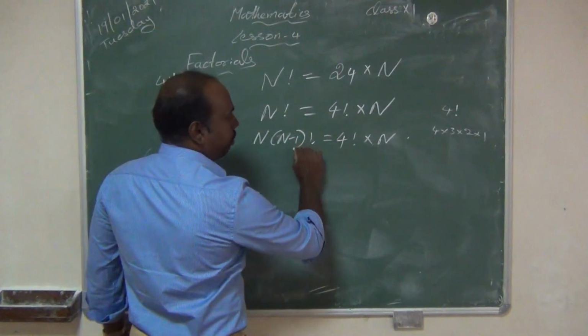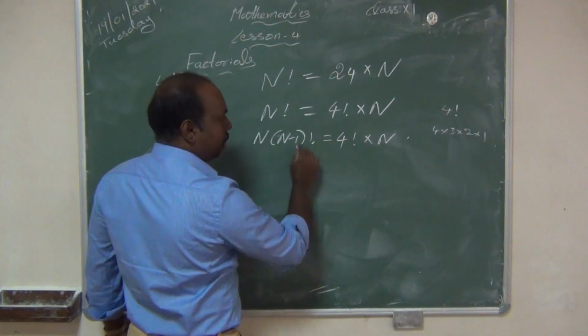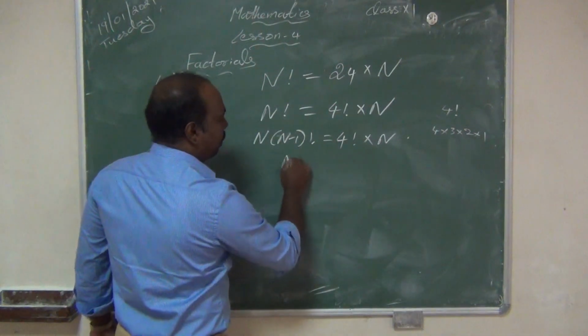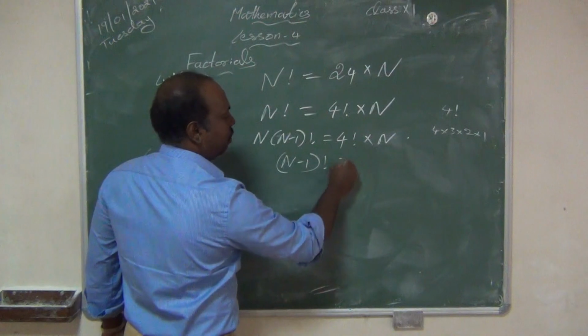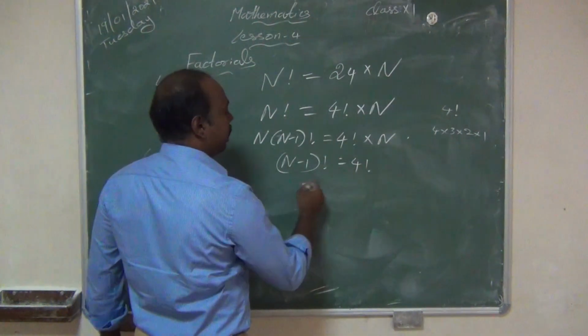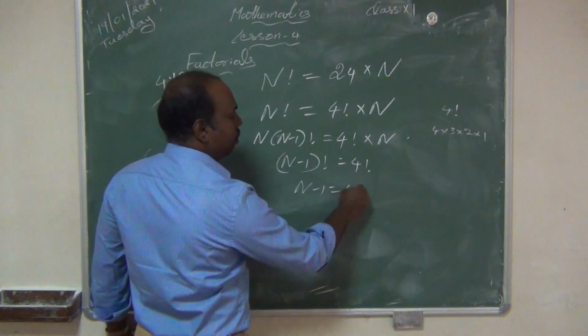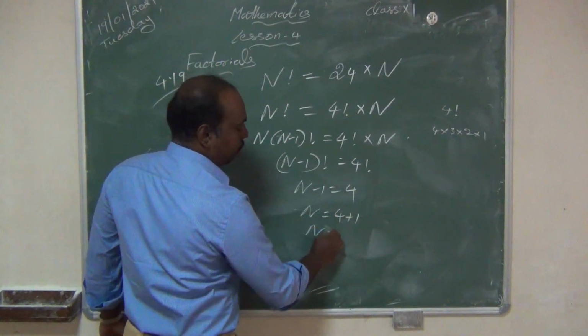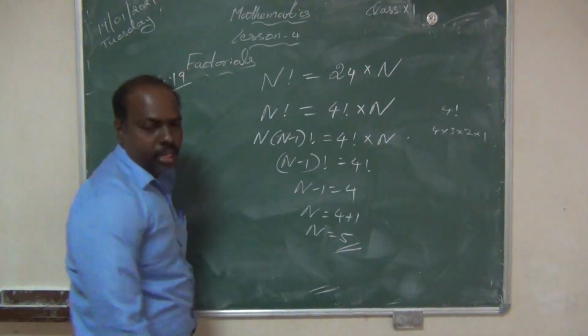Now we have to compare the right hand side and left hand side. So n minus 1 factorial equal to 4 factorial, so the factorials get cancelled. n minus 1 equal to 4, n equal to 4 plus 1. So n equal to 5. So the value of n equal to 5.